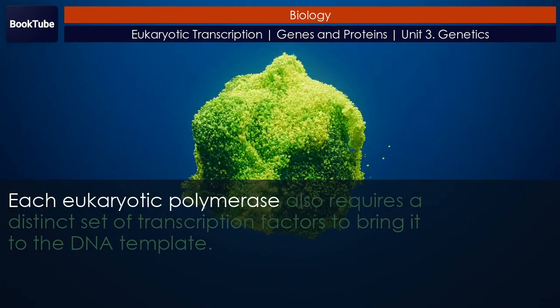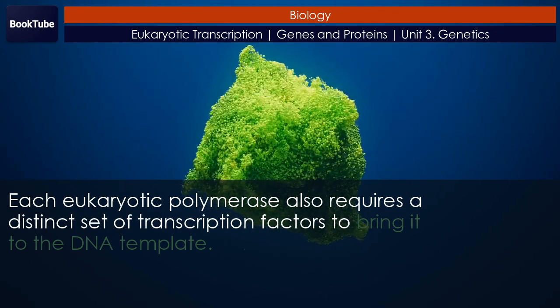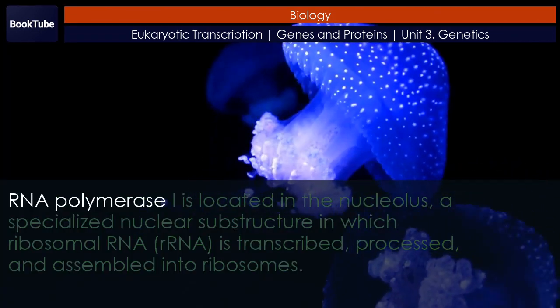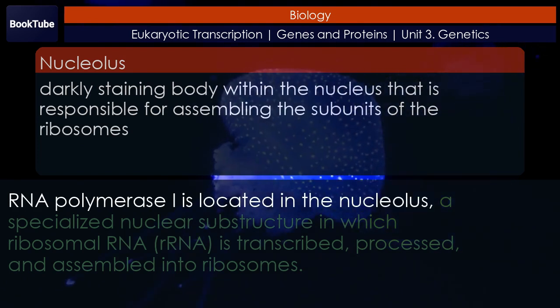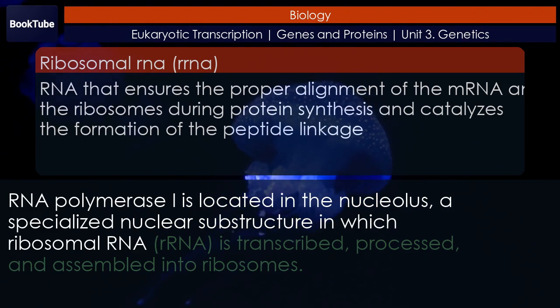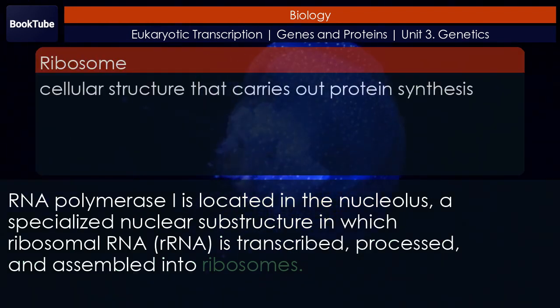Each eukaryotic polymerase also requires a distinct set of transcription factors to bring it to the DNA template. RNA polymerase I is located in the nucleolus, a specialized nuclear substructure in which ribosomal RNA, rRNA, is transcribed, processed, and assembled into ribosomes.